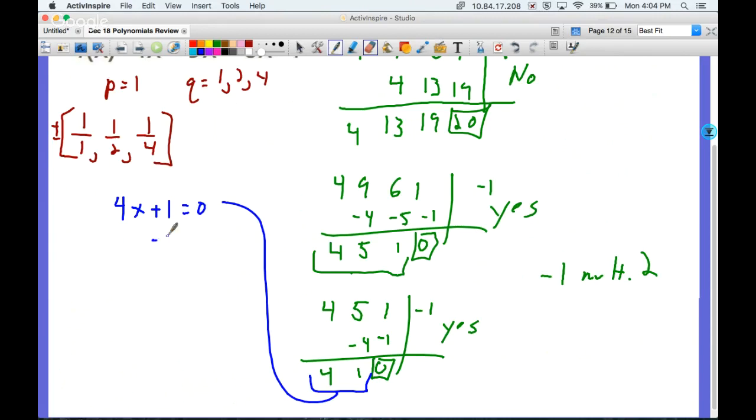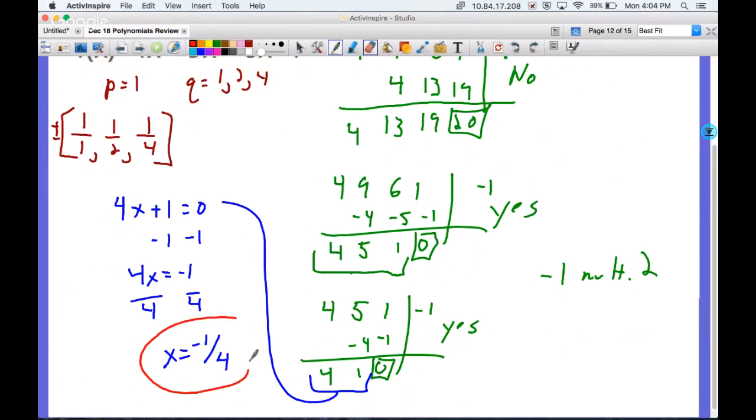Set that equal to 0, and we'll get x equals -1/4, which was in our list. And now we found all 3 of this cubic's roots. It just so happens that 2 of them were in the same spot at -1.